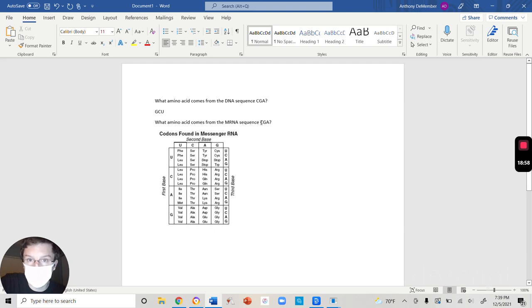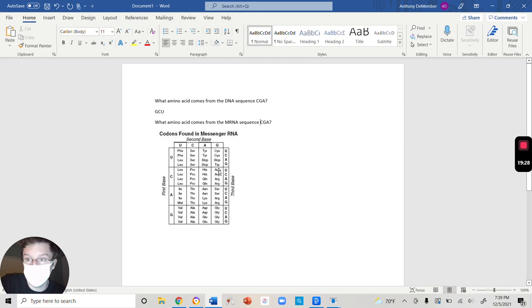What a student does every year is they look at this and they go, all right, well now I need to transcribe it, so I'm going to write G, C, U. No, this is already transcribed, it's already messenger RNA, you don't need to. DNA, yes, you need to find your matching pairs because this is DNA, it is not RNA. So CGA, so we go C, then G, then A, so that's arginine.